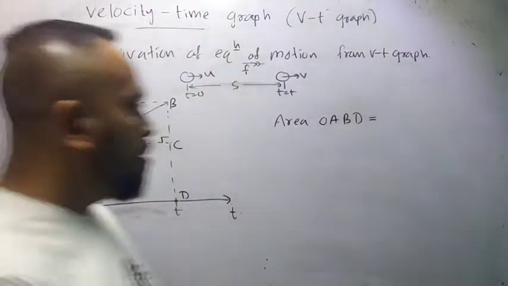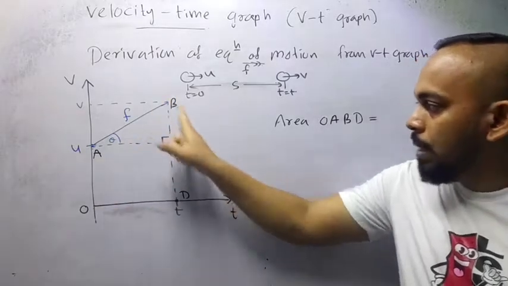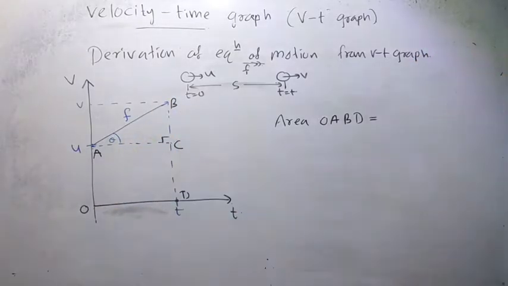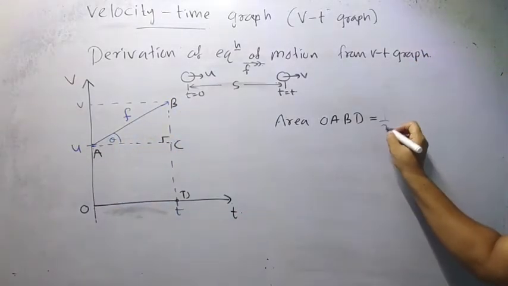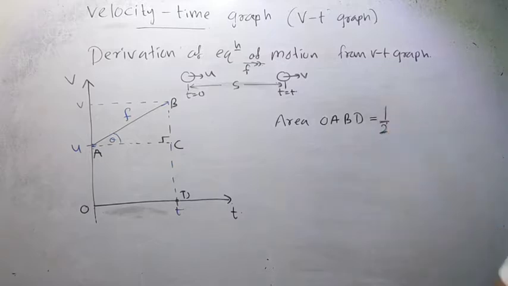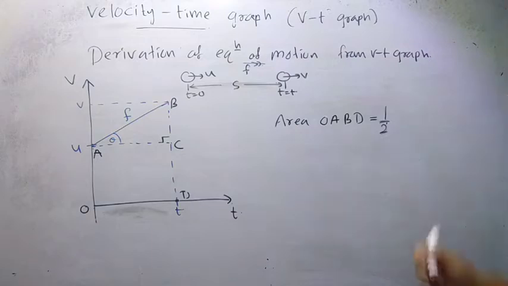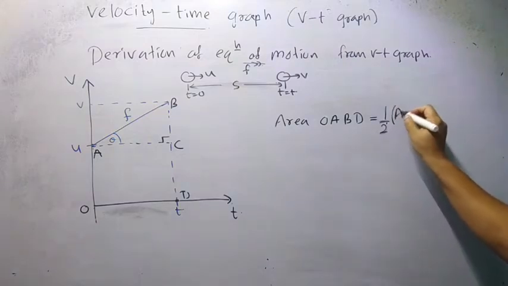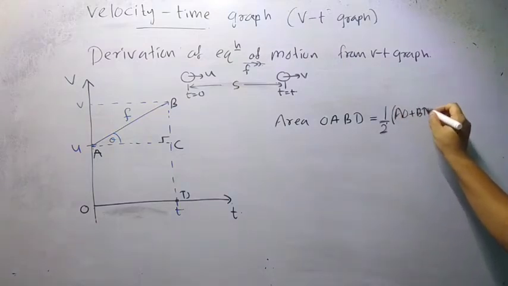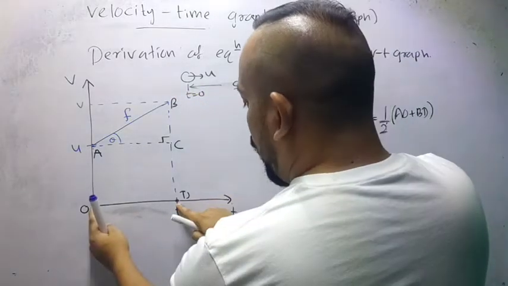Now let's look at the area OABD. This is a trapezium. What is the area of the trapezium? Half times AO plus BD, into OD.